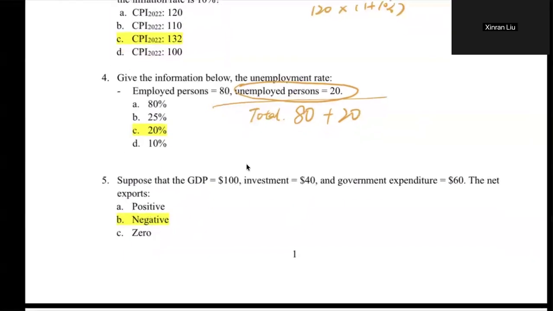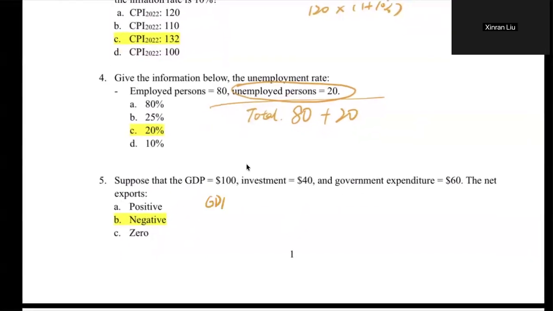Here we are going to use GDP equals C plus I plus G plus net exports, right? Here GDP is 100, C is unknown, I is 40, and government expenditure is 60. So here you can get that the net exports equals negative C.